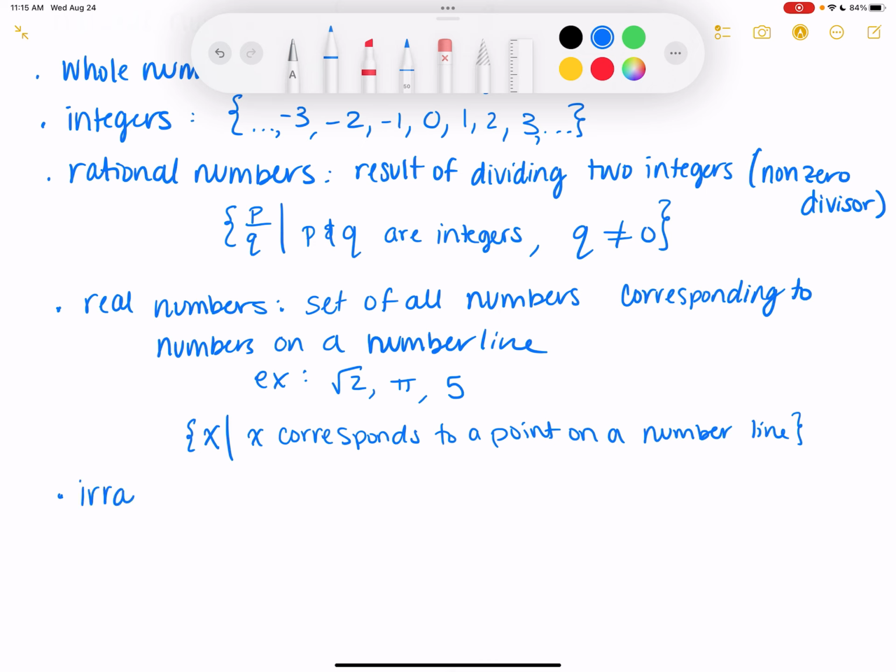Irrational numbers cannot be represented by quotients of integers.